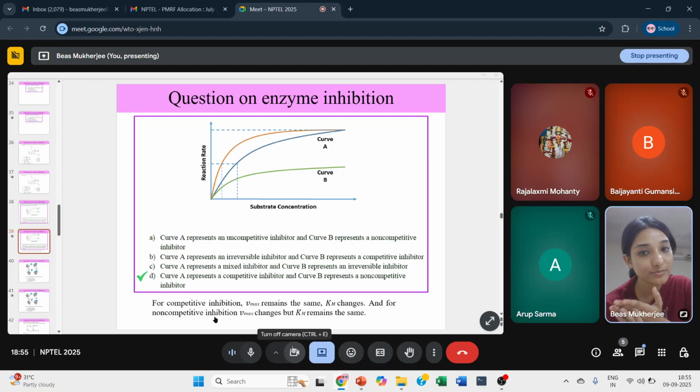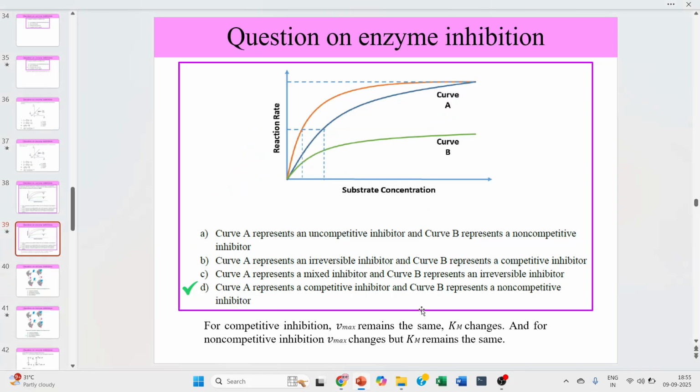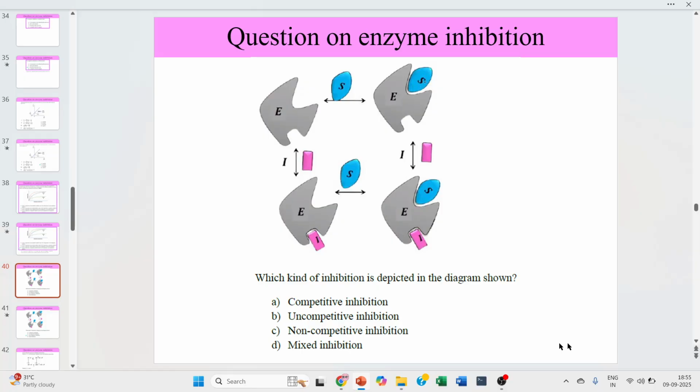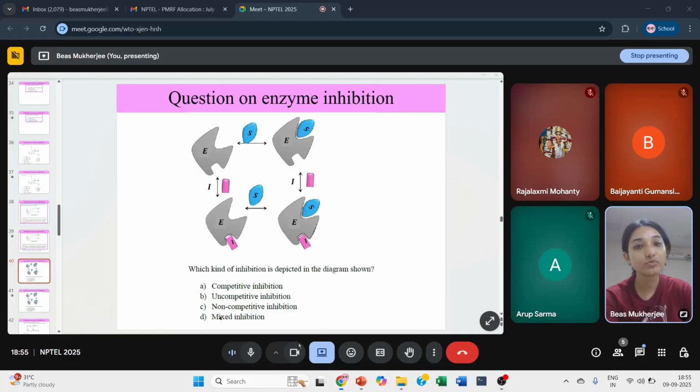For competitive inhibition, Vmax remains the same, Km increases, and for non-competitive inhibition, Vmax changes but Km remains the same. So that is something that you have to remember, and this is how you will be able to answer the question. Okay. Now we have one more question. What is happening in this question? See, what kind of inhibition is depicted in this diagram?